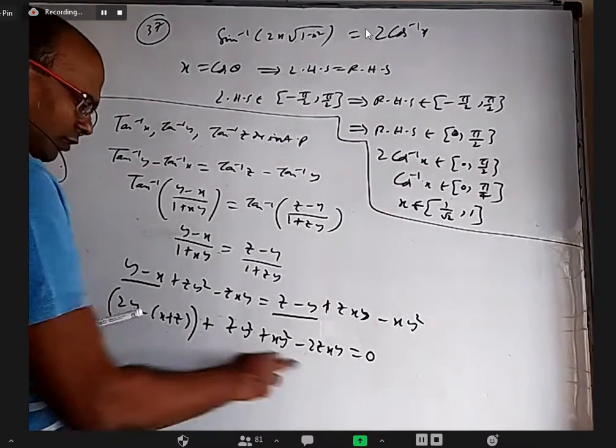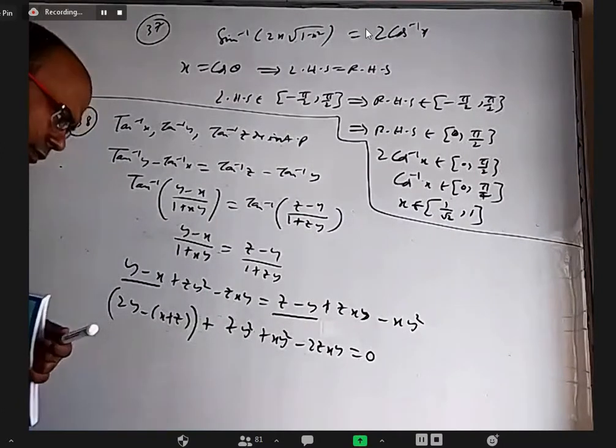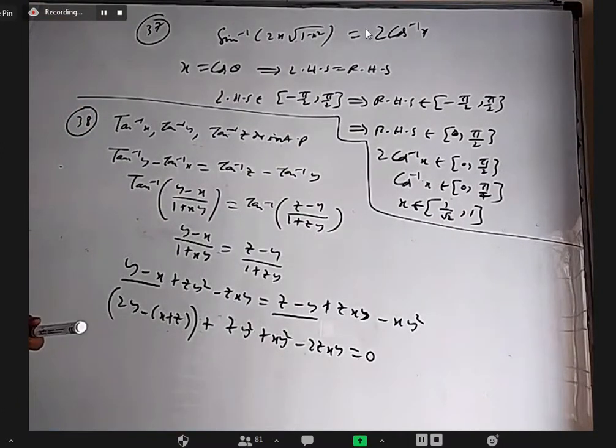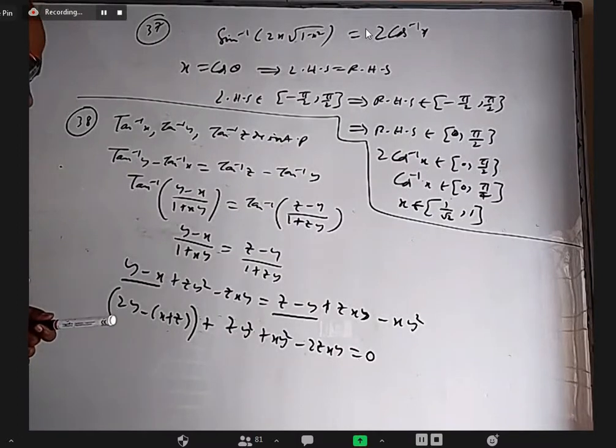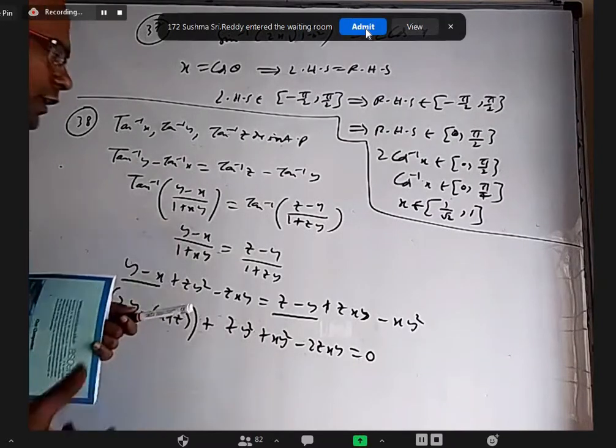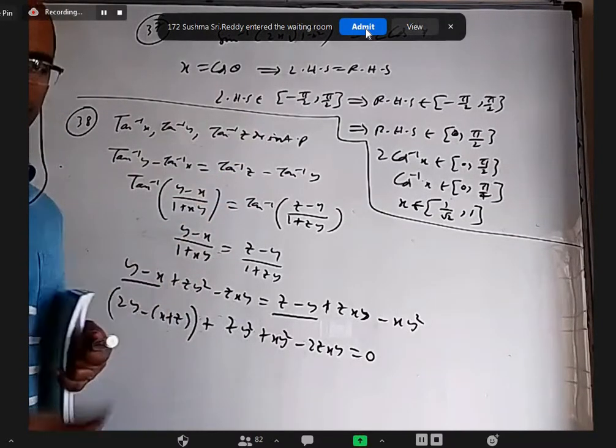I can only take y common here. Sir, in the third step, you wrote that y minus x upon 1 plus xy equals z minus y upon 1 plus zy. There you can cancel the numerators, right? Yeah, I'm saying if x, y, z are not in AP also, I want to try what this gives first.